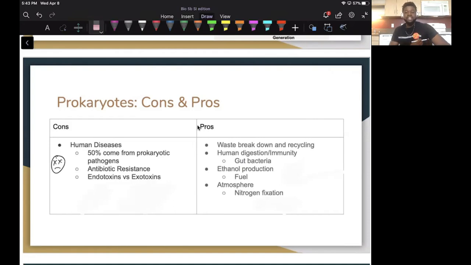Next thing I'm going to go over is the difference between endotoxins and exotoxins. Prokaryotes can sometimes be one or the other or both. For endotoxins, the actual toxins are held within the bacteria.